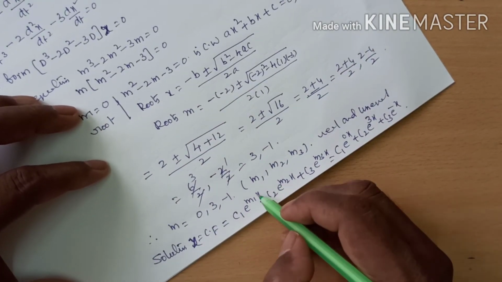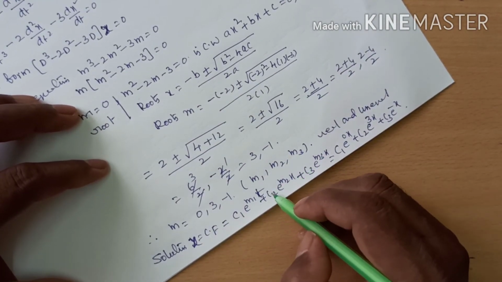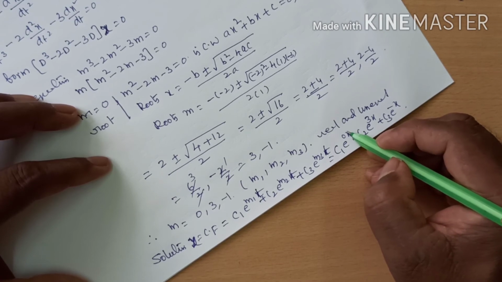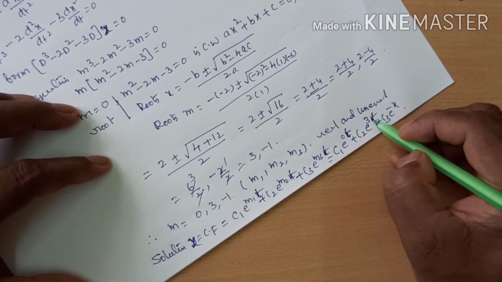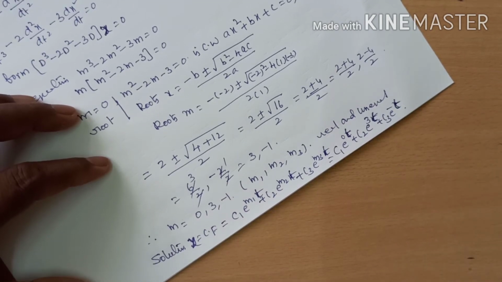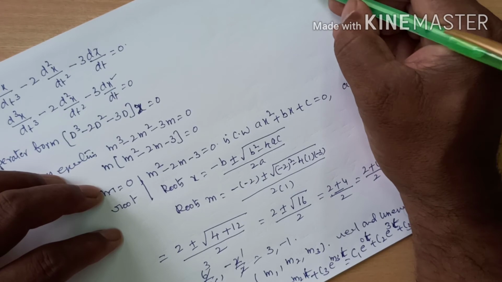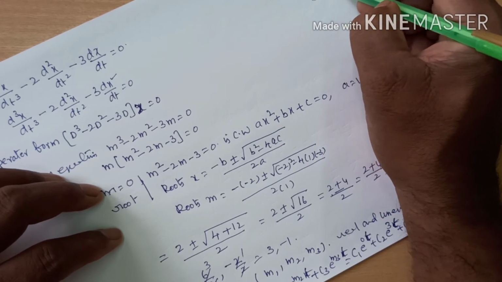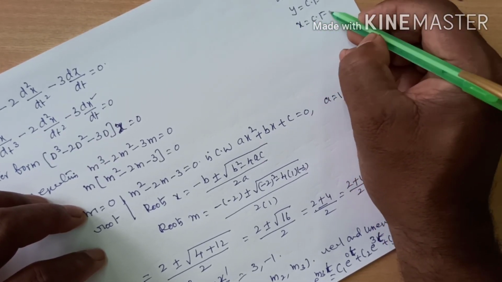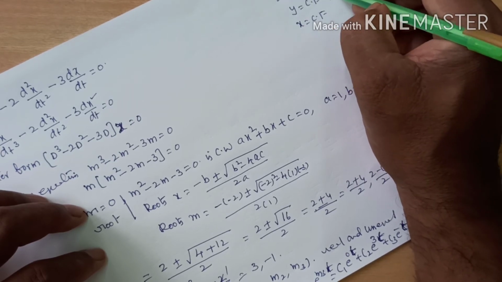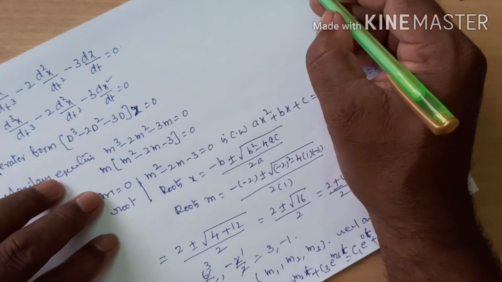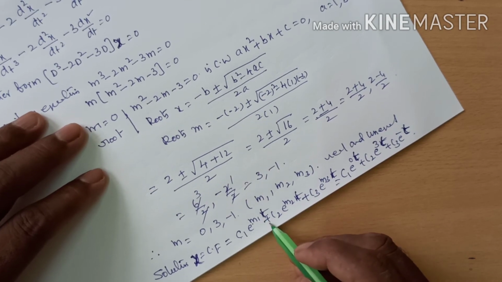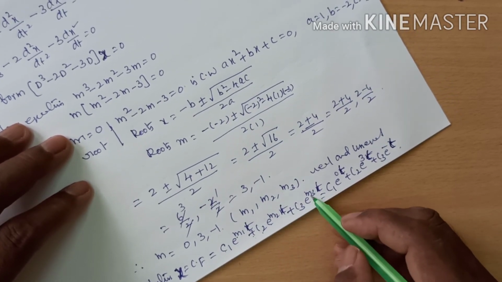For this problem, x equals C1 e to the power of m1t plus C2 e to the power of m2t plus C3 e to the power of m3t.